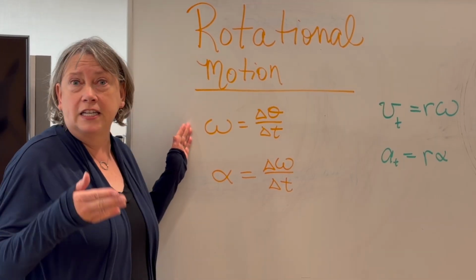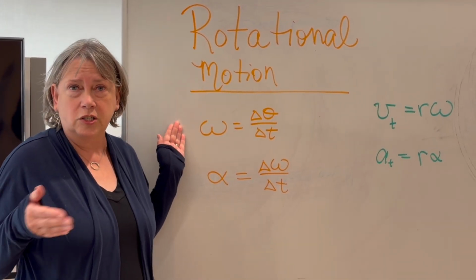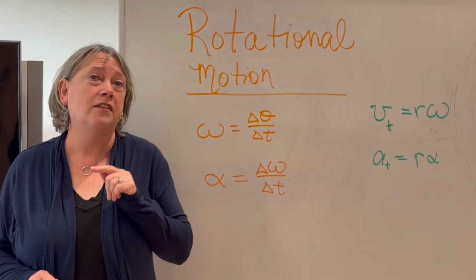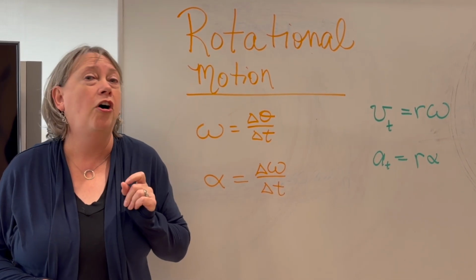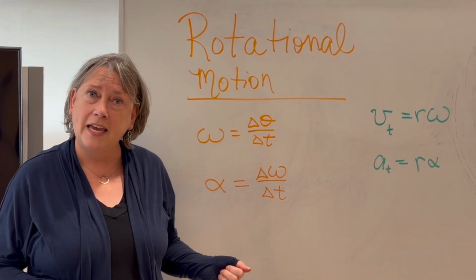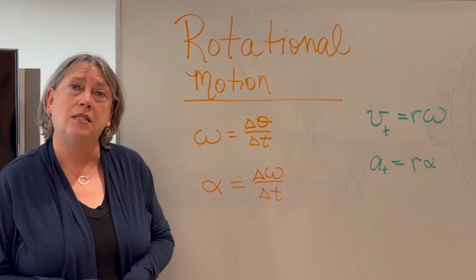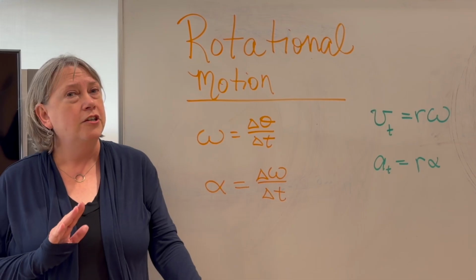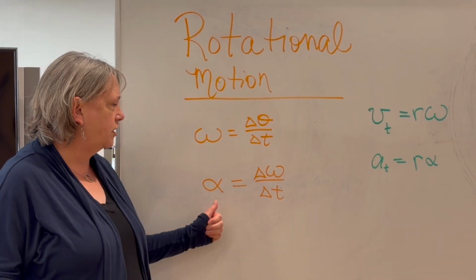So when we defined linear speed or linear velocity, right after that, we defined linear acceleration. And you'll recall linear acceleration, which we used a lowercase a, was the change in speed divided by the change in time. Or if we're talking vectors, change in velocity divided by change in time.